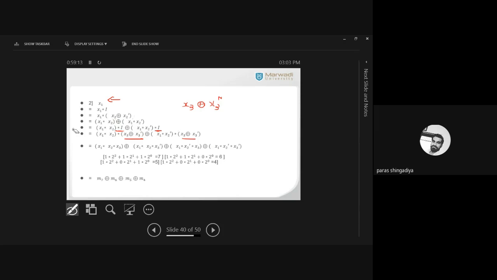Clear, and then after use the distributive law, that is our A, that is the B and that is the C. Okay, so a star b, a means x1 star x2, b means x3, so a star b ये हुआ फर्स्ट ब्रैकेट.